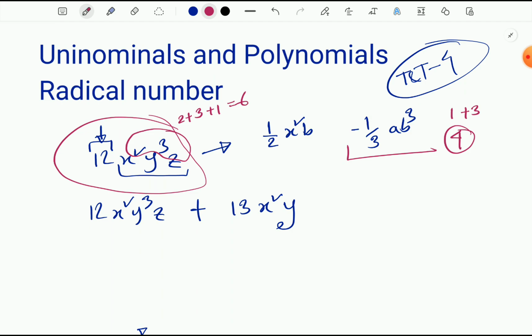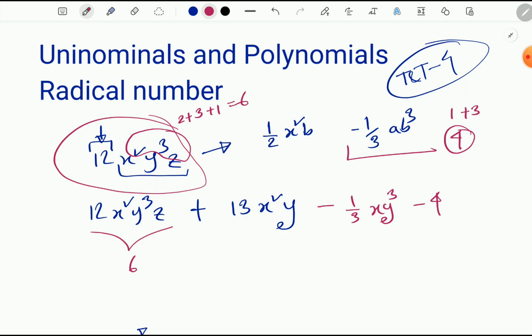I can extend it with minus 1 by 3 a b cube, or minus 4 this way, and to make it look better I'm writing x y cube. This term has a degree of 6.